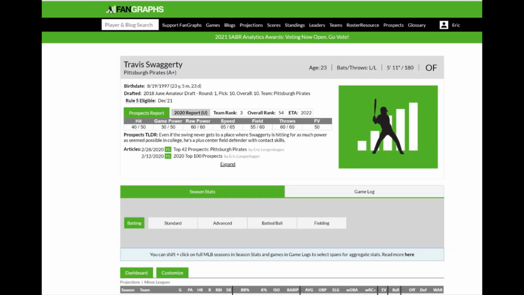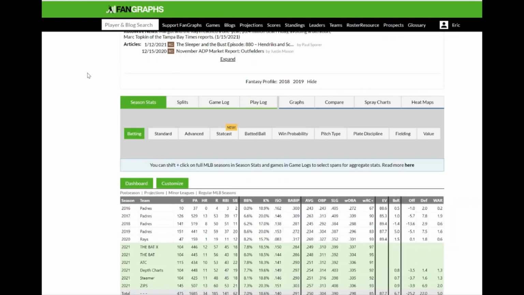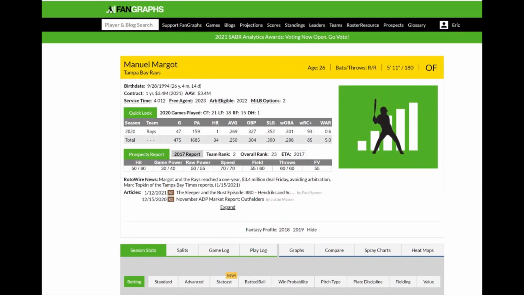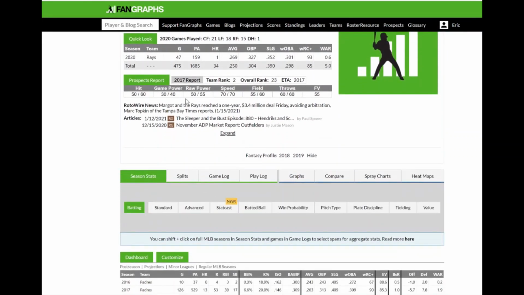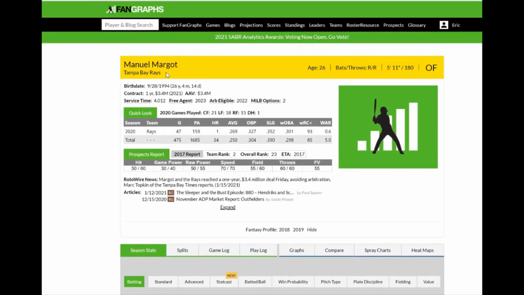But the potential for a thing like this still exists. And that's why someone like Swaggerty is here, even though the baseline that I'm comparing him to, to try to triangulate where his future value belongs, the type of WAR he's going to produce, based on the tools he has and his statistical performance, starts with me bouncing off of someone like this.